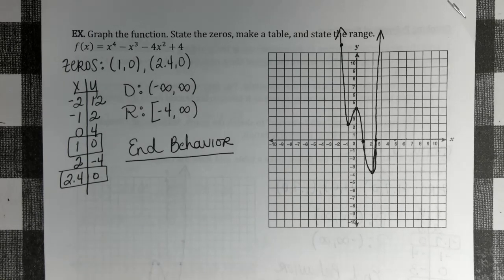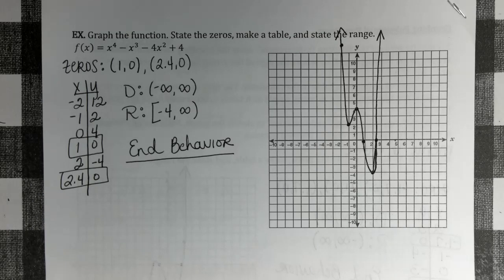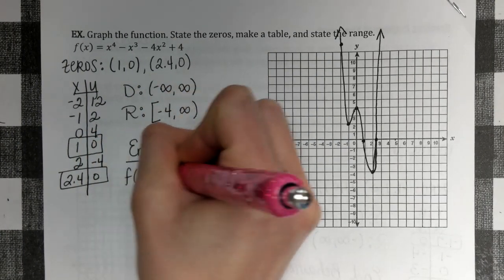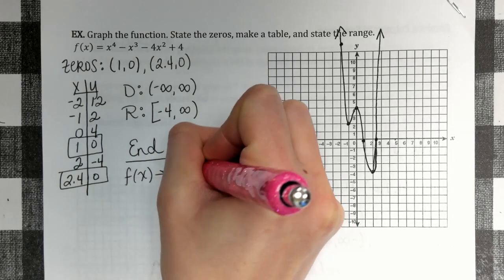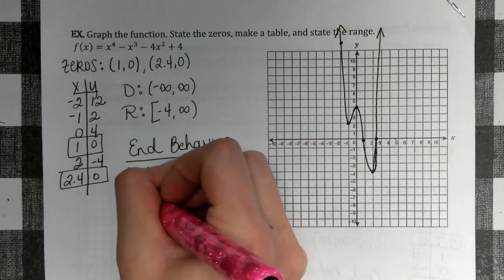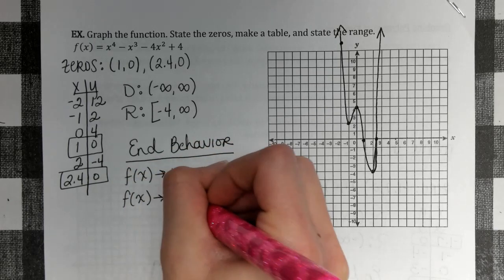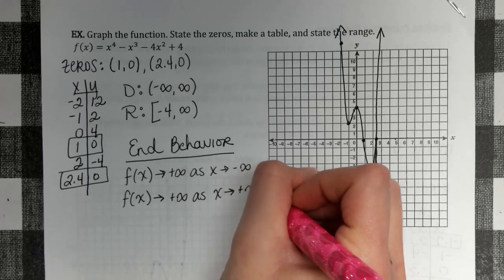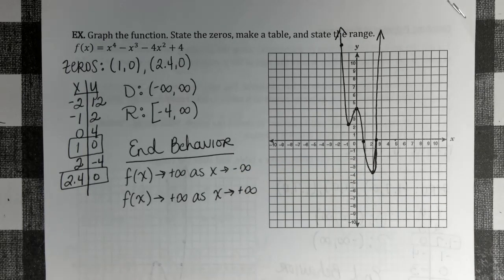Your end behavior, did y'all write that while I was asking those questions? So what happens to your function as x approaches negative infinity? And then your function approaches positive infinity again. Very good.